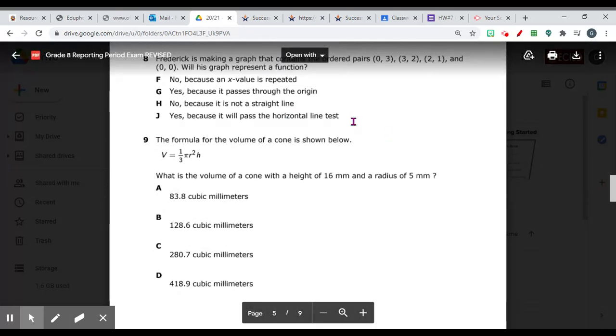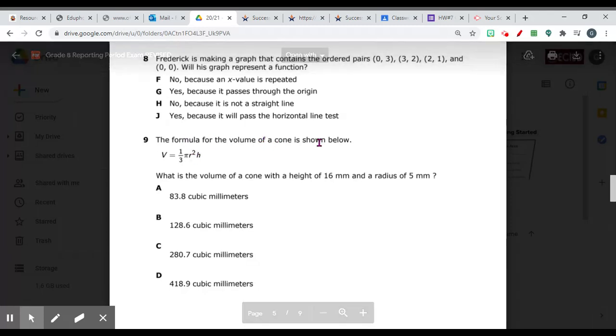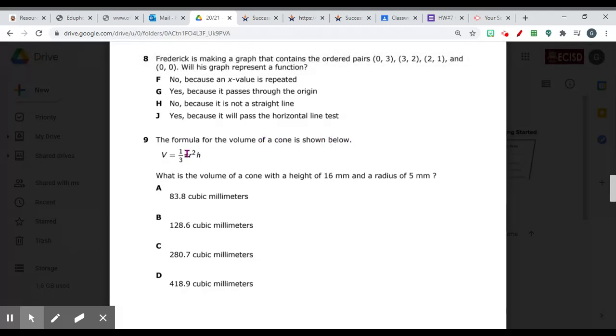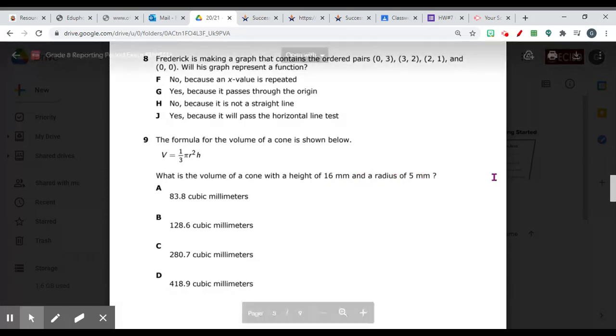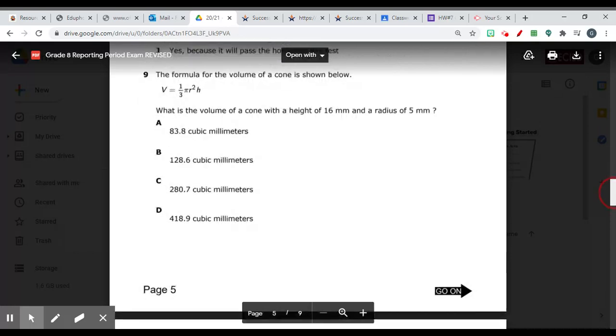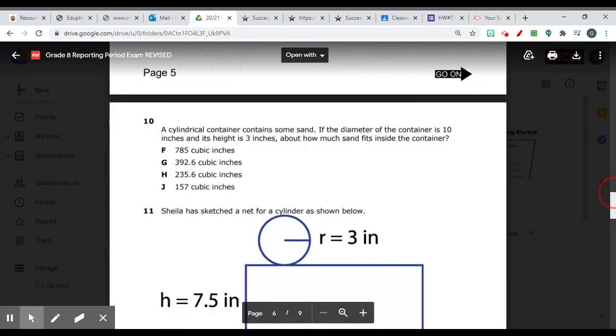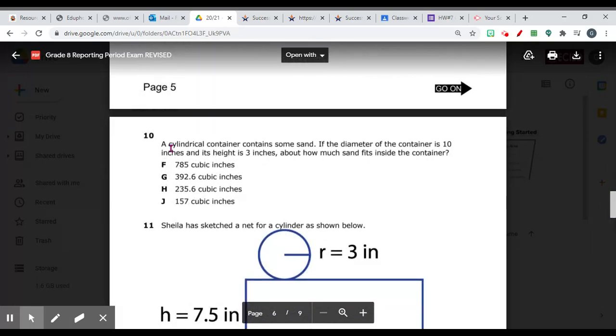Number 9. The formula for the volume of a cone is shown below. V equals 1/3 pi r squared times height. What is the volume of a cone with a height of 16 millimeters and a radius of 5 millimeters? Number 10.